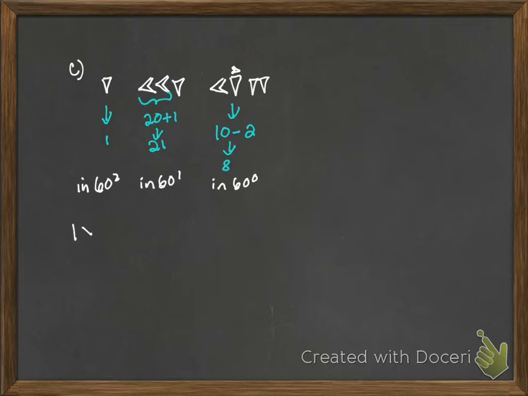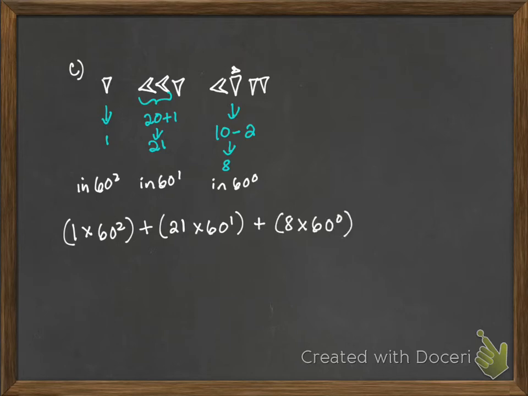So I have 1 times 60 to the second plus 21 times 60 to the first plus 8 times 60 to the 0. Notice how my powers are increasing if you're going from right to left in order, okay? So it's always 0, 1, 2. If I had another place value, then I'd put 3.